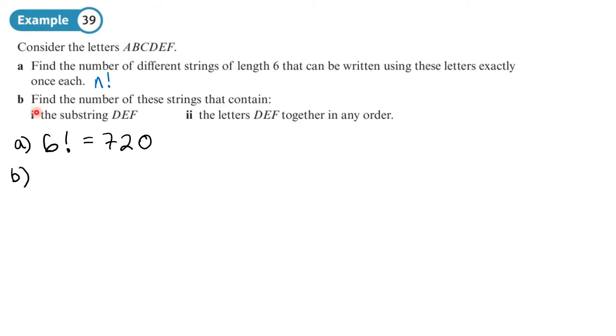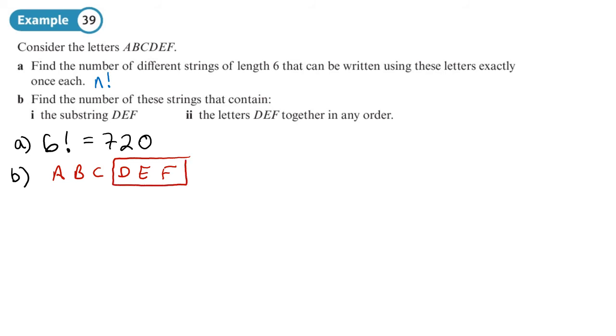Part B says find a number of these strings that contain the subset D, E, F. Now what I'll do, I'll write out the letters like this: A, B, C, D, E, F. And it says it must contain the subset D, E, F. So imagine if you clump those together as one.